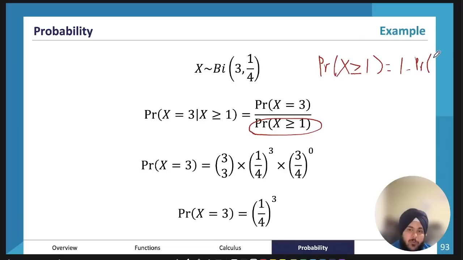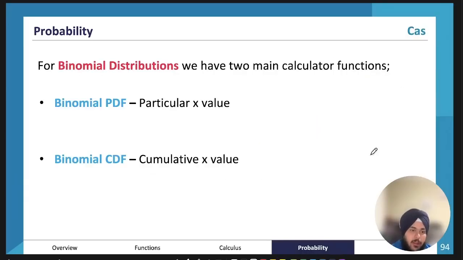That it's less than 1, which is essentially the probability X is equal to 0. Sorry, X is equal to 0. So we can easily find the probability X is equal to 0, and then subtract that from 1, and that will give us this. So depending on the scenario, it will be really important to know what formula will be better to use.